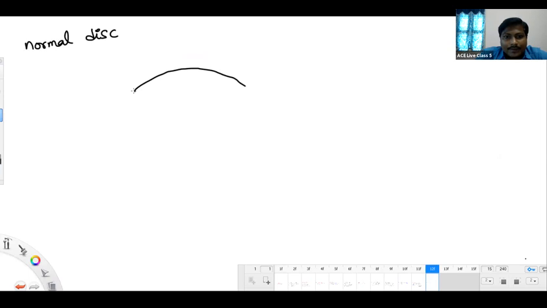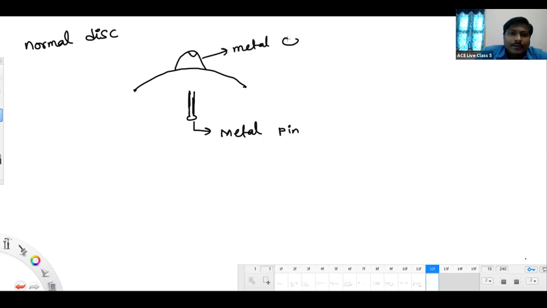We have a metal pin on the bottom end, and on the upper side we have a metal cap.